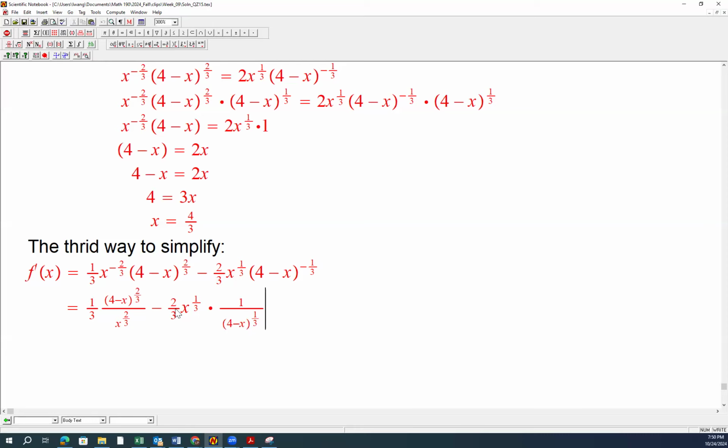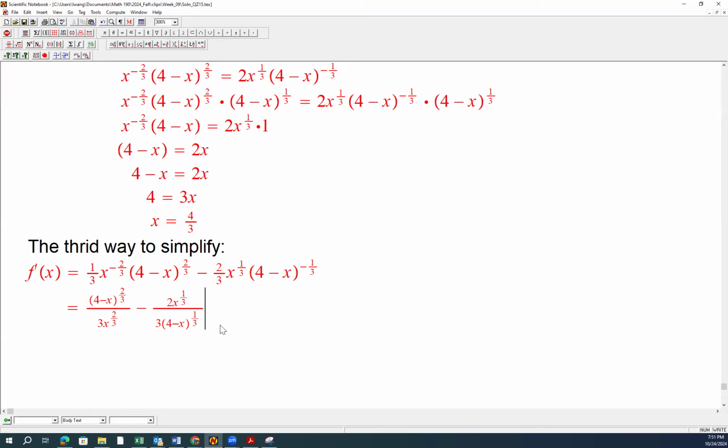So you can bring this guy over to the top. It's just some simple algebraic operation. So bring the 3 here, put the 2 there. There you go. So you have a fraction form.